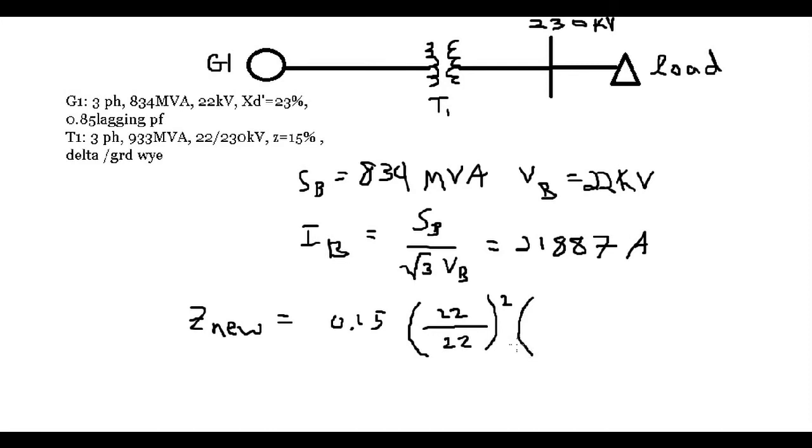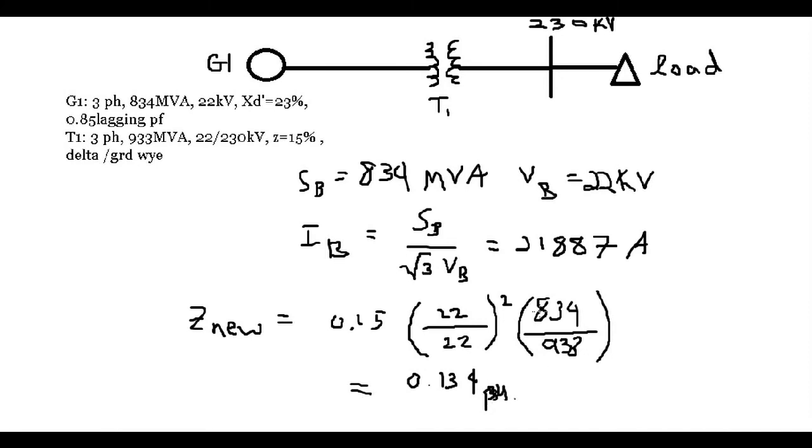And then multiply that by S base new divided by S base old. So S base new is our generator power, 834. Divide that by transformer power, 933. And you will get a new value of 0.134 per unit.